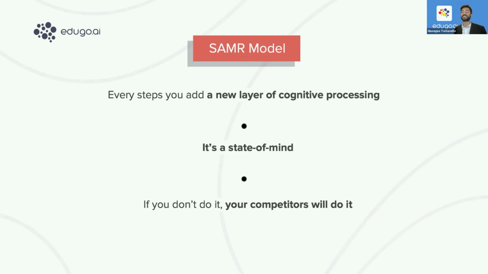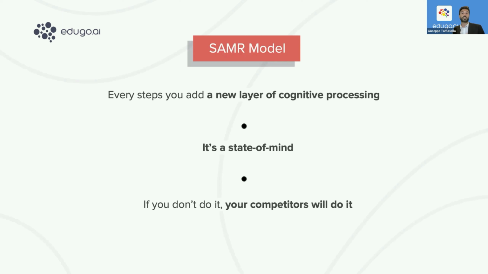What I mean by a state of mind is that what is redefinition today, in 5 years will be substitution. So the new definition of today might become the standard before long. Because if you think about it, a textbook is also a technology. People don't think about that sometimes, but a paper textbook was once a really advanced technology.